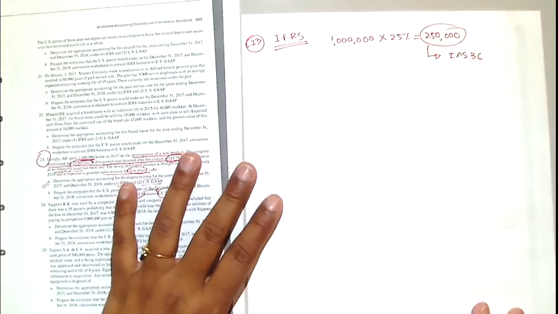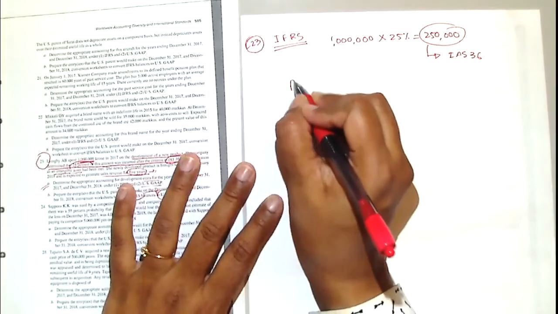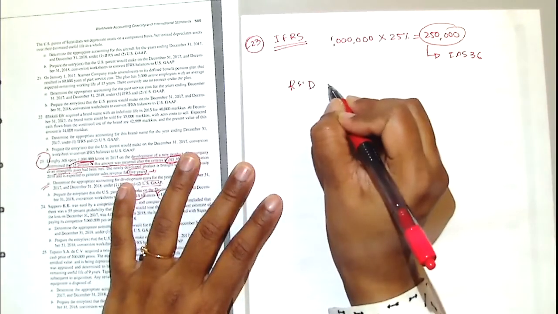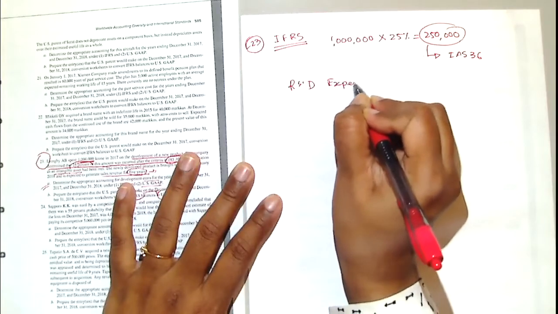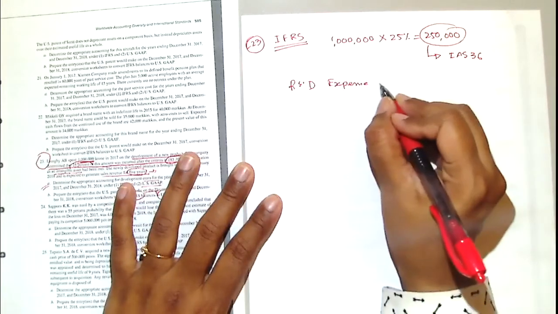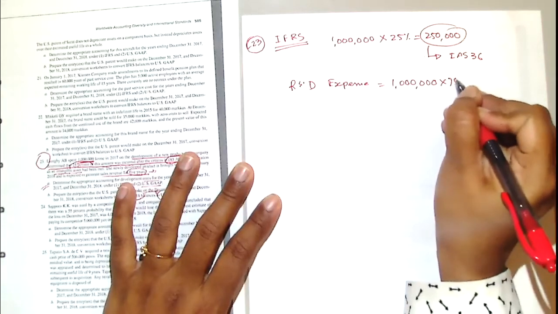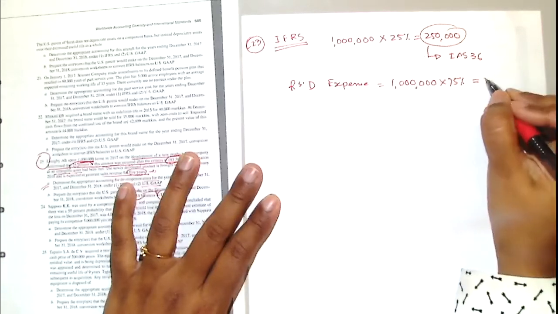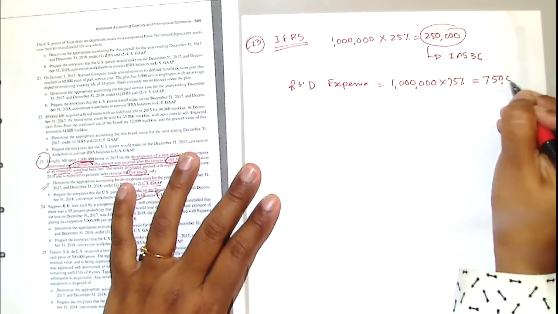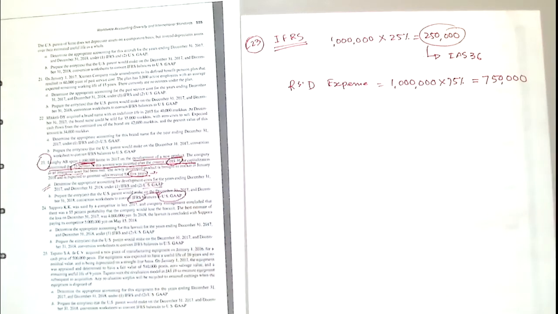So under IFRS, what will be your R&D expense? R&D expense will be the rest. That means 1 million times 75%. So under IFRS, your R&D expense will be 75% of your total cost. That's your expense.